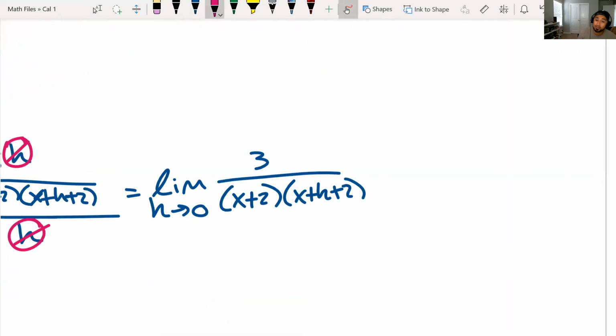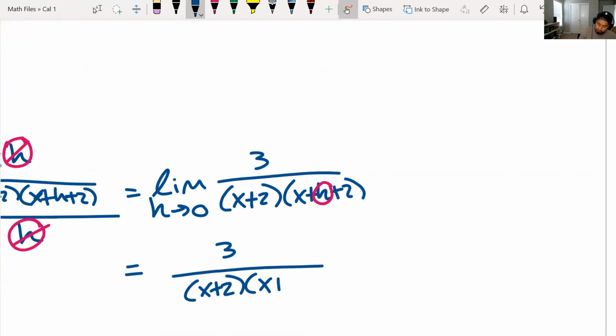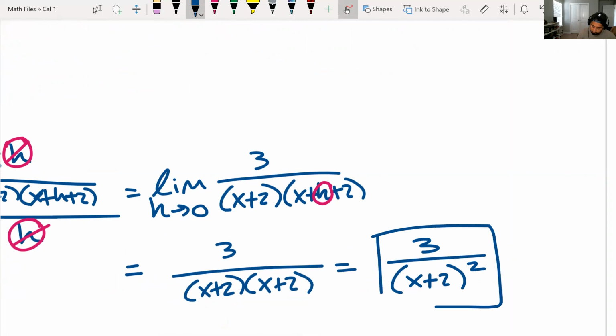And the only thing that becomes 0 here is this h. So we get left with 3 over x plus 2 times x plus 2, or 3 over x plus 2 squared. There it is.